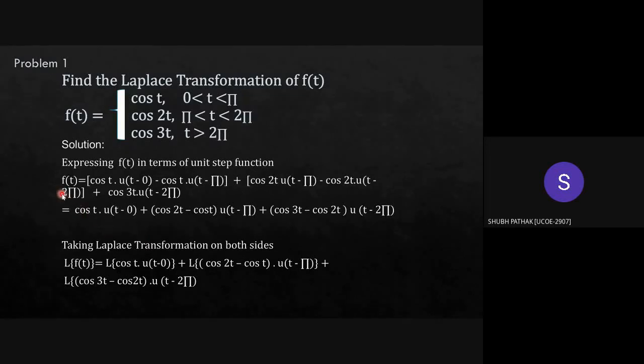So here, to express the question in terms of the unit step function, we need to take f of t into the unit step function of t minus the limit.